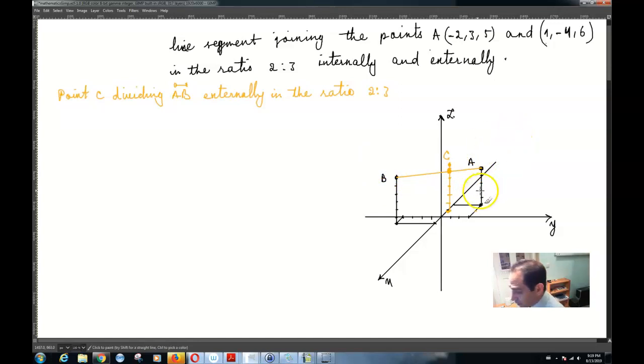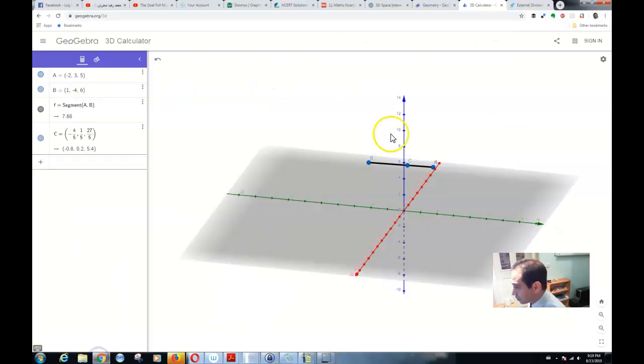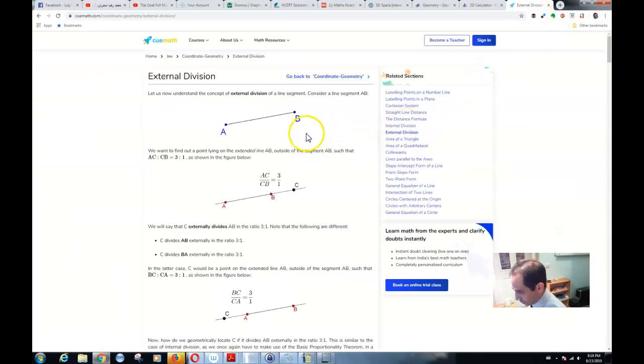understand. When we talked about the external division of a line, we said that suppose that you have this line segment AB over here, and we want to find the point lying on the extended line AB outside of the segment AB, such that AC to BC is equal to 3 to 1.